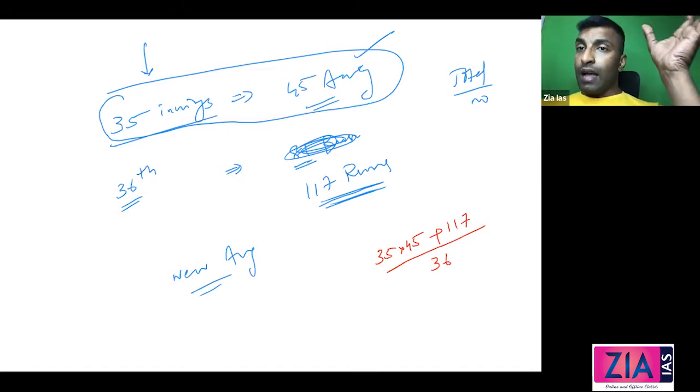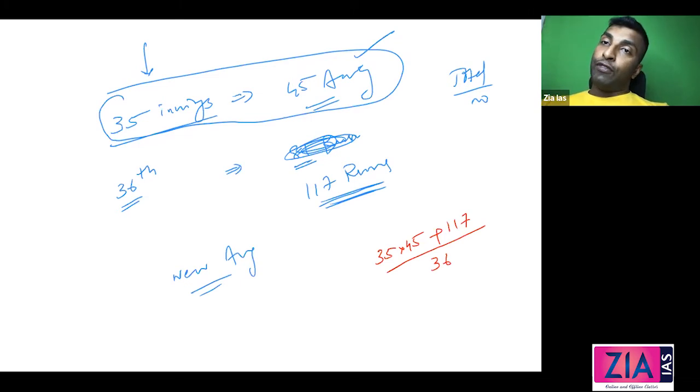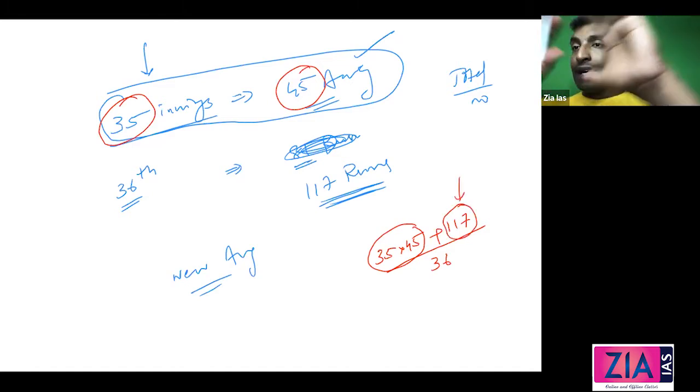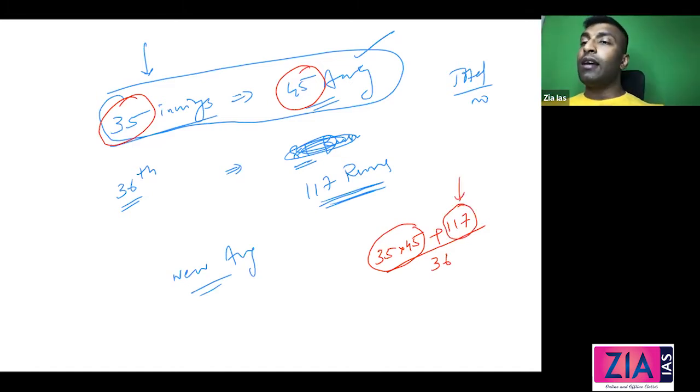Why? Because average means total runs divided by number of innings. So after 35 innings, we need to know the total runs. That is what I'm finding here. 35 into 45, then new match, how much scored, add, I'll get the total runs after 36 innings divided by 36. This is one way in which you can find. This is the traditional normal way.